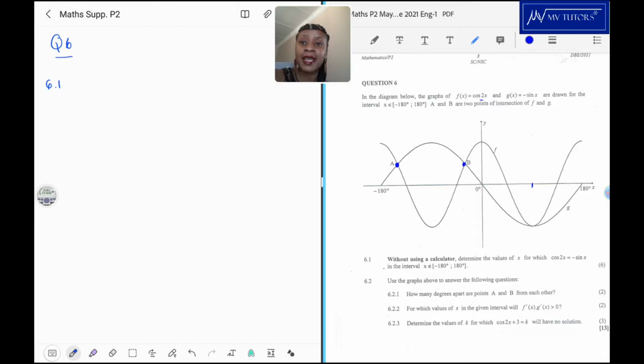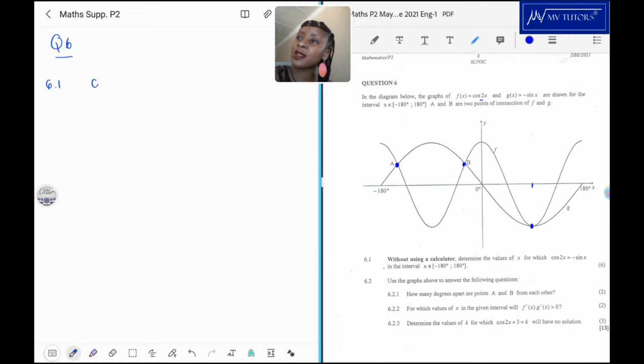So that's at A, at B, and also at this point here. Here they don't really cross, but they touch at the same x and y values. And when we calculate x without using a calculator, we have to get 3 x values.